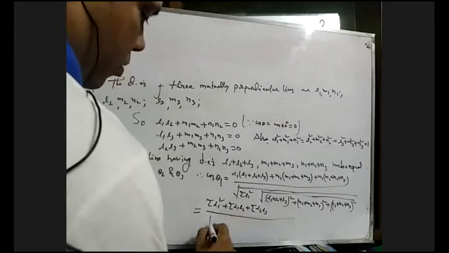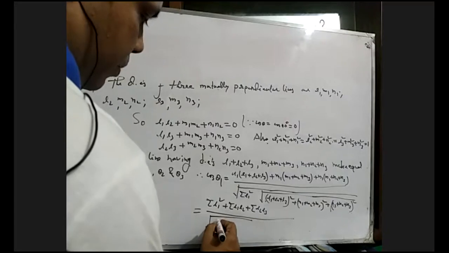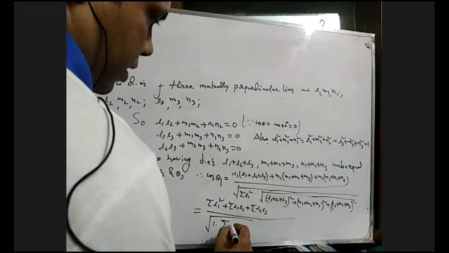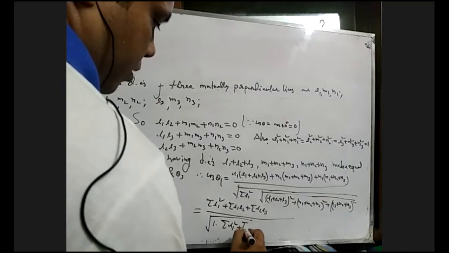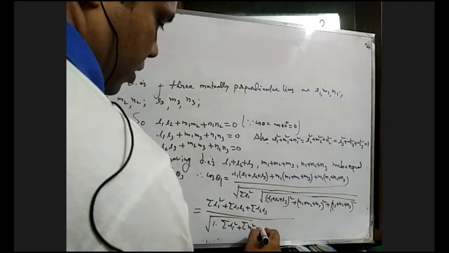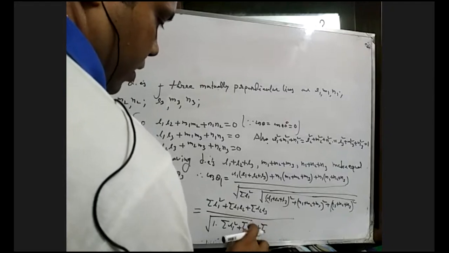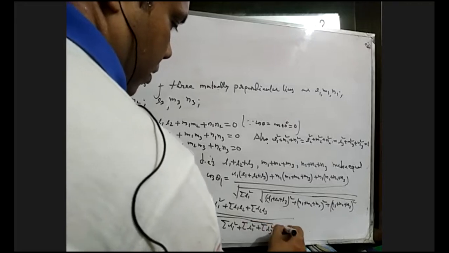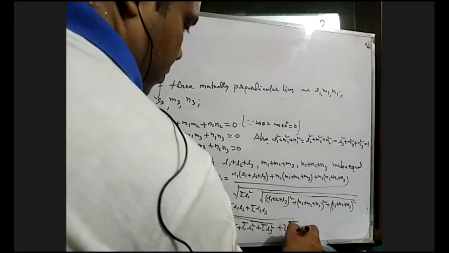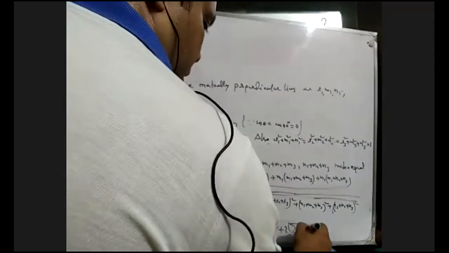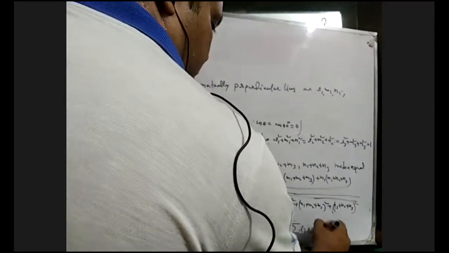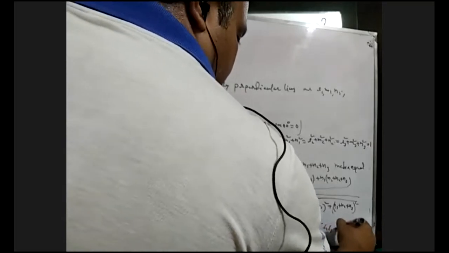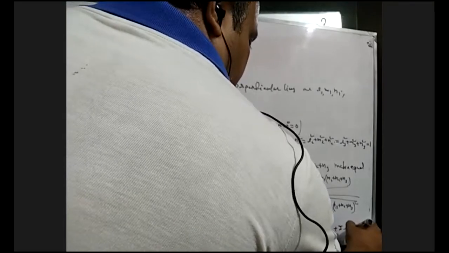So square root over summation L1 square means what? 1. Then summation L1 square plus summation M1 square plus summation L2 square, L3 square, plus 2 into summation L1 L2 plus summation L2 L3, summation L3 L1.